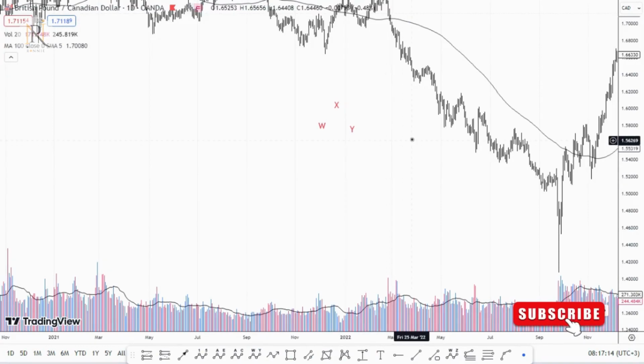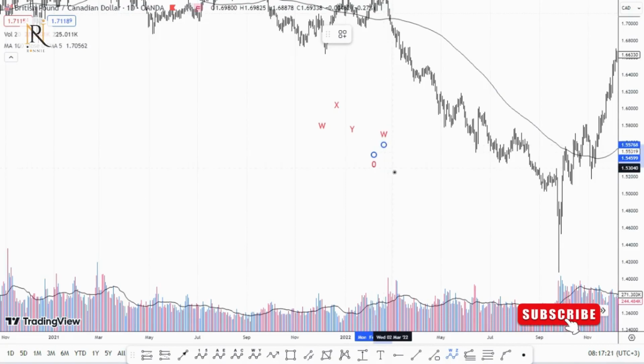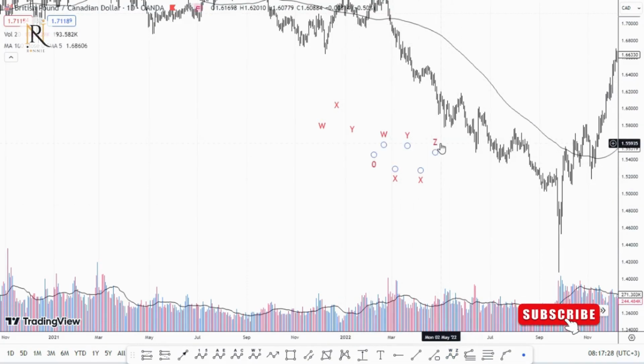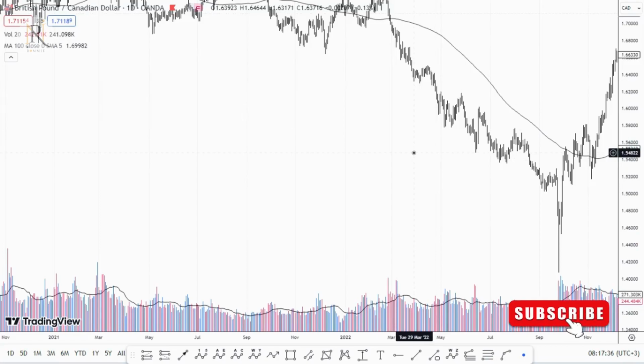It is not WXYZ, but WX, YX, and then finally Z. That is also another complex correction. These two types of corrections are very important, and most Elliott Wave practitioners, or even beginners, and even advanced traders, don't like trading complex corrections, because just from the name itself, it is more complex when you really don't understand it.